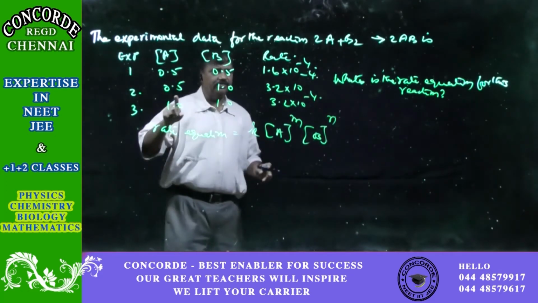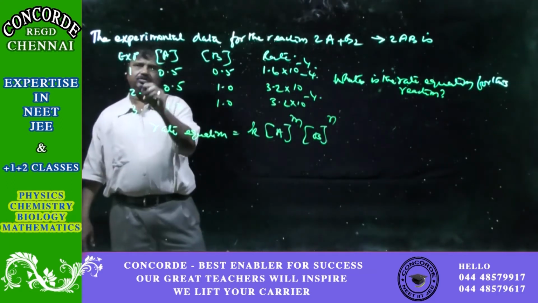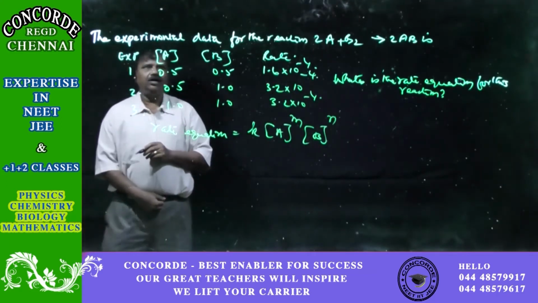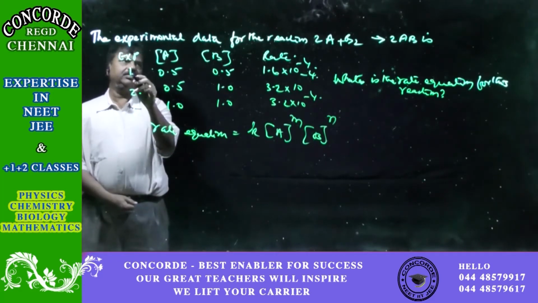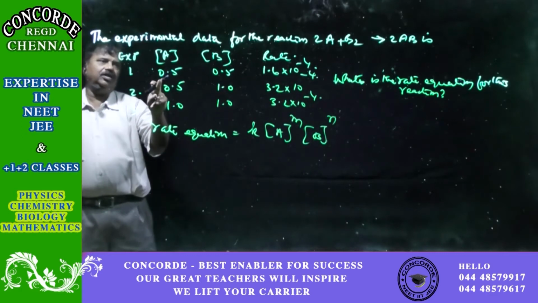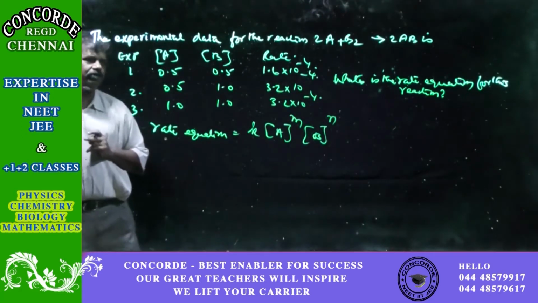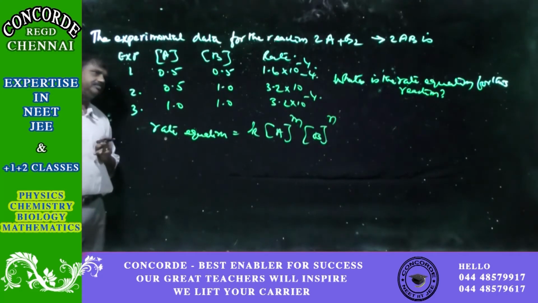Okay. So, now to find out m and n, we can use these three experimental data. In the first experiment, both the concentrations are the same, and the rate is 1.6 into 10 power minus 4.